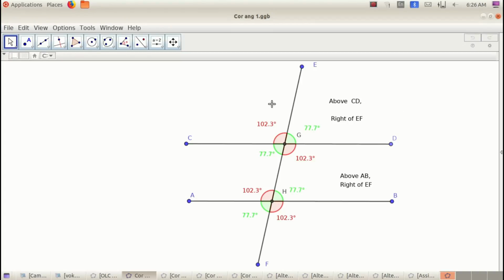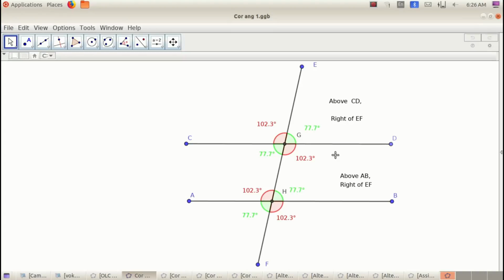When a line cuts across a pair of parallel lines, angles that come in similar positions are called corresponding angles, and the measurement of corresponding angles is the same. I think all of you got the idea about corresponding angles.